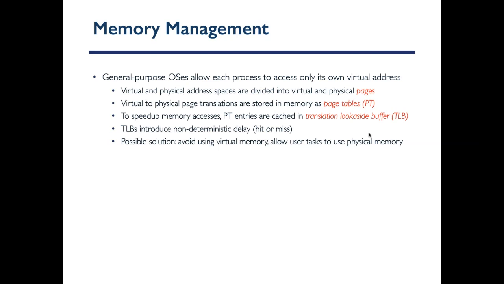Now, one possible solution that many real-time operating systems and real-time systems adopt is to just avoid having virtual memory. So just deal with physical memory. As we will talk about later, this introduces a huge inflexibility in the system and could cause a lot of security risks. But this is sort of fine with most real-time systems, and generally speaking with embedded systems, because usually real-time systems are owned by a single user and are written for a single task.